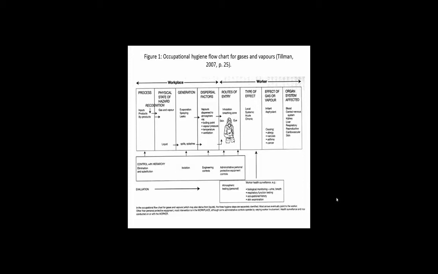And this chart is an example of the relationship between hazards, consequences and controls applied to gases and vapours, and it depicts how both the environment and the worker must be considered in the risk management process. I think it's a really nice representation of that model of control.